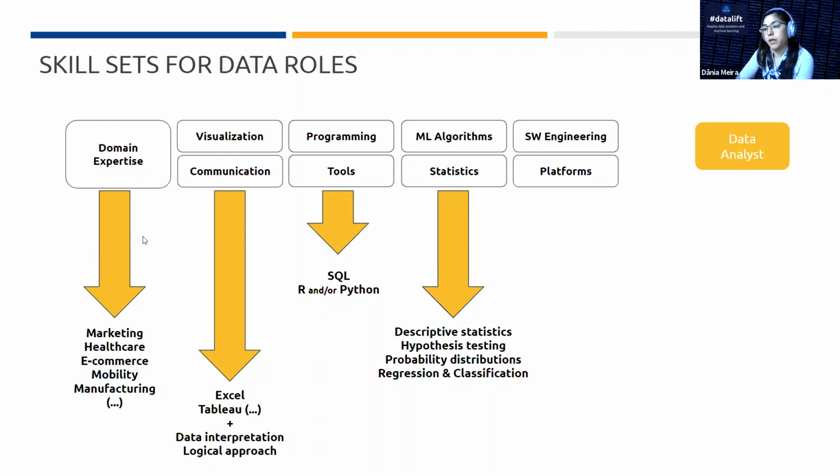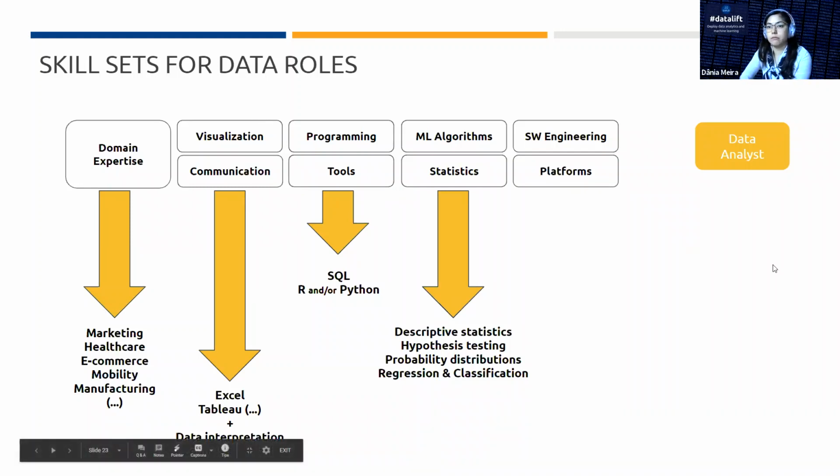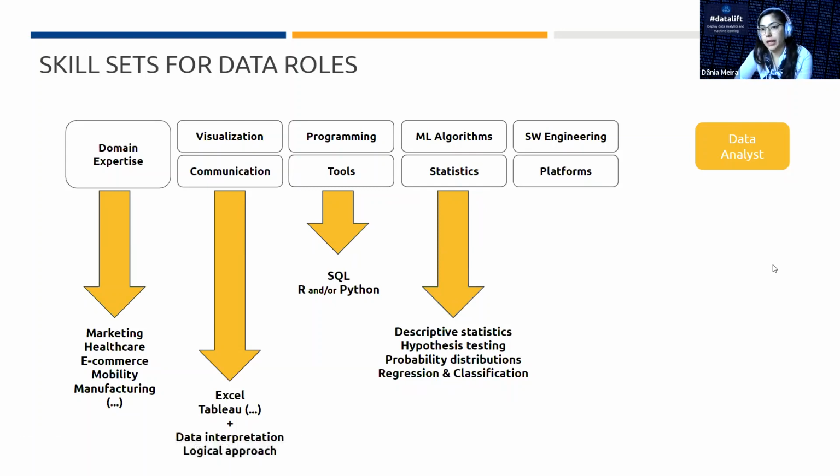That's why domain expertise is also important. For example, I worked as a marketing analyst, so I have the marketing domain, and then using some visualization tool like Tableau and interpreting the data based on this domain expertise helps a lot.